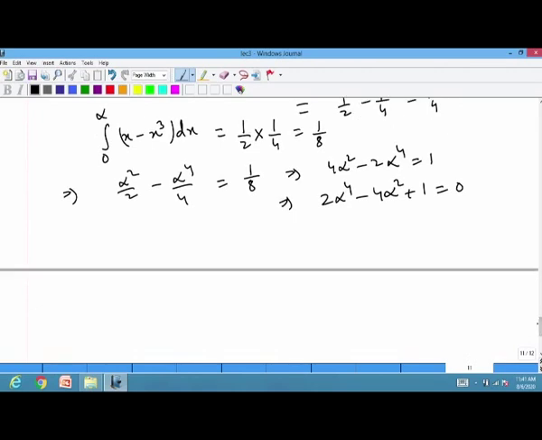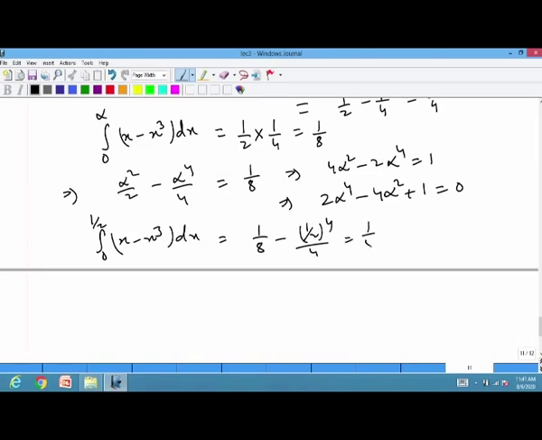So, if we calculate the integral from 0 to half of x minus x cube dx, this will be equal to, just put alpha equal to half, 1 by 8 minus 1 by 2 to the 4 by 4.